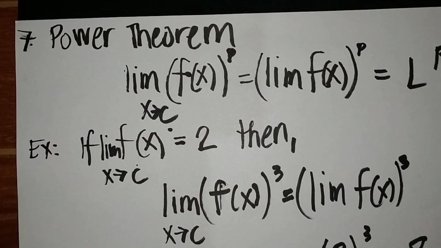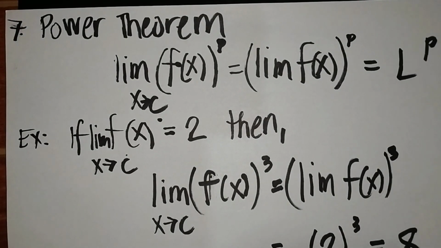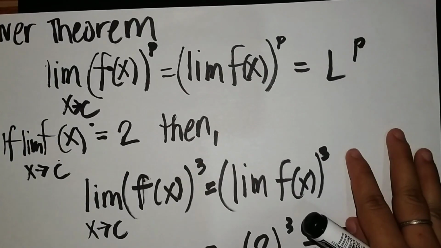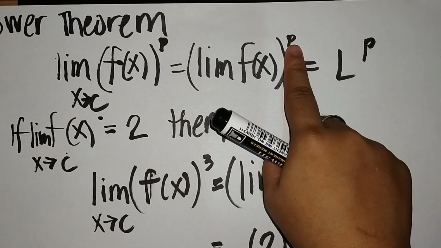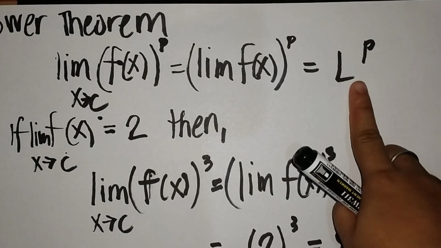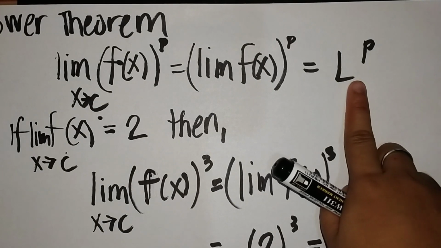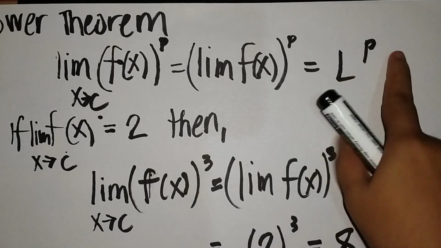For our second to the last theorem, we have the power theorem. Basically you have a function raised to a certain number. So we have the limit of f of x raised to the p, where p is any constant. The limit of the function f of x raised to p is equal to L raised to p.